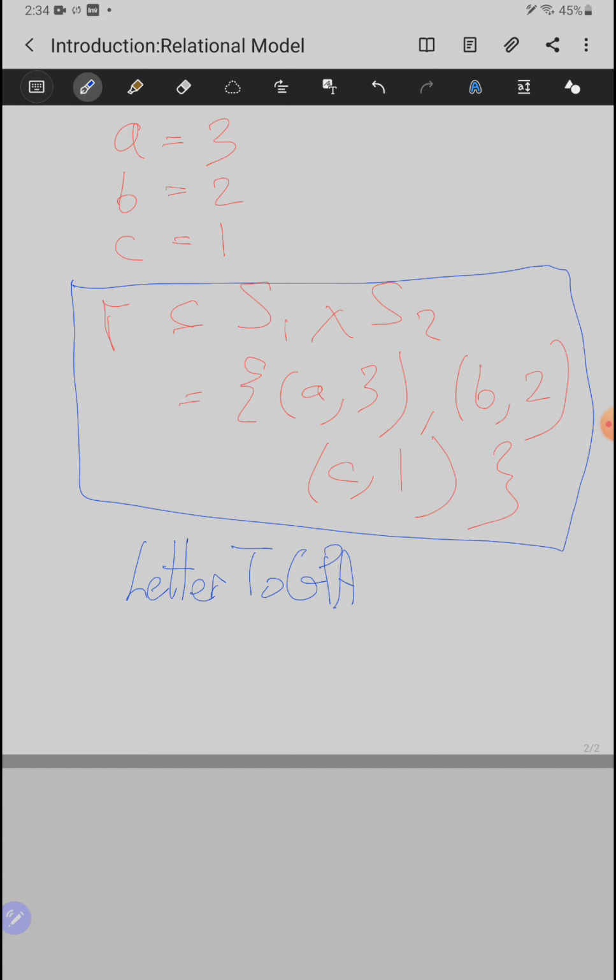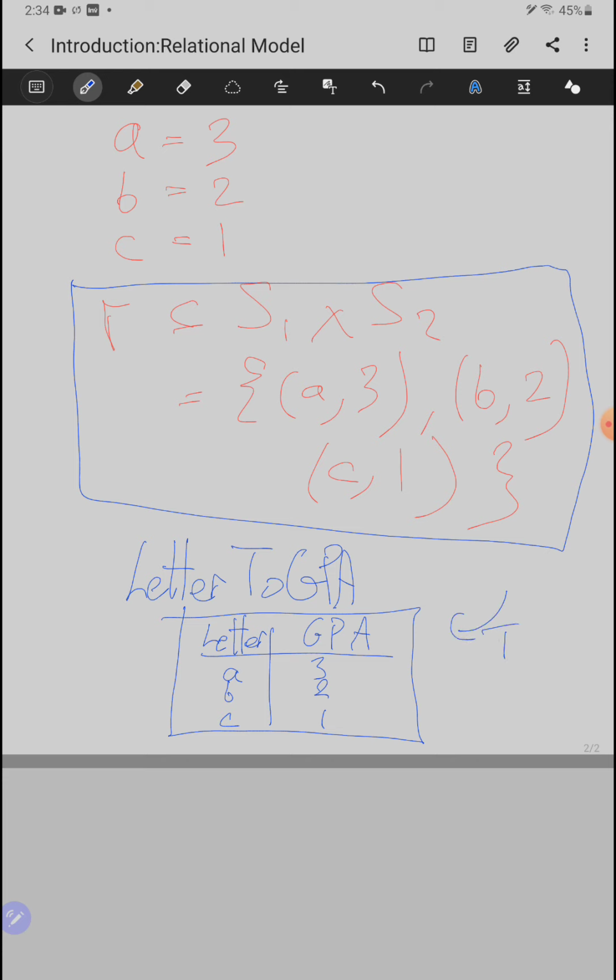Then as a relation, here's the letter, here's the GPA: A, B, C, 3, 2, 1.